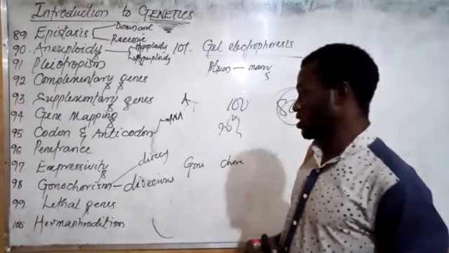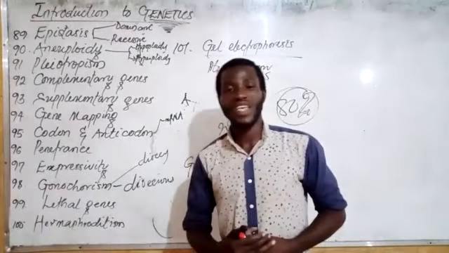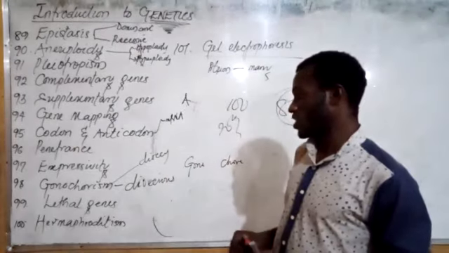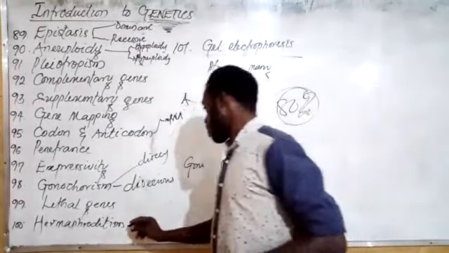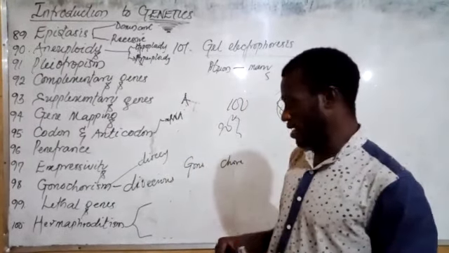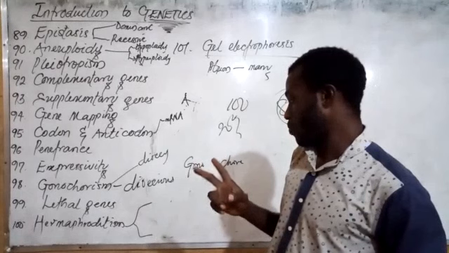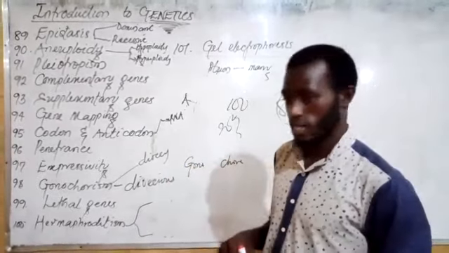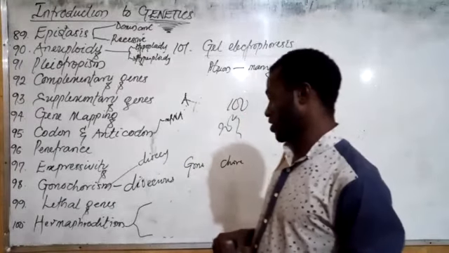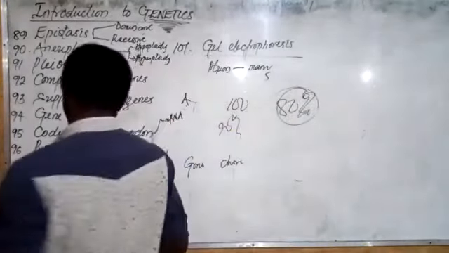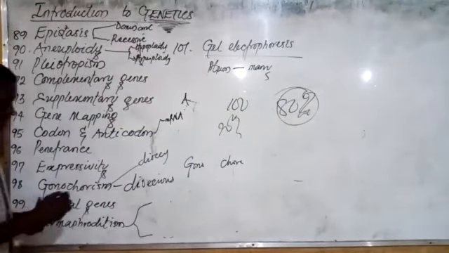Then hermaphroditism. Hermaphrodites, we've talked about hermaphrodites. We said they are organisms that possess both male and female sex organs, or sexual characteristics. But basically what I want to talk about are the types of hermaphroditism. In fish, for example, there are 3 types of hermaphroditism that have been recognized.